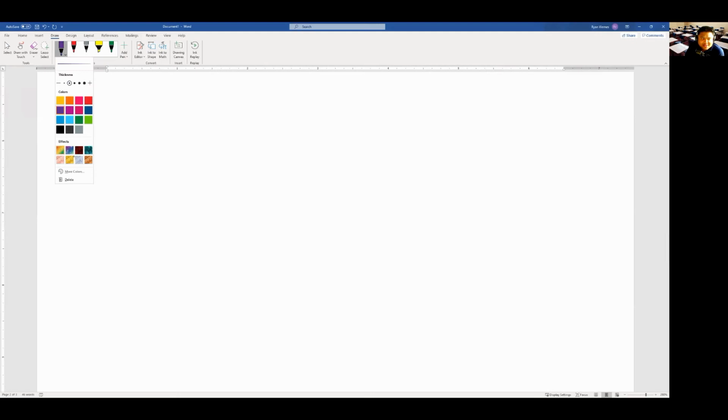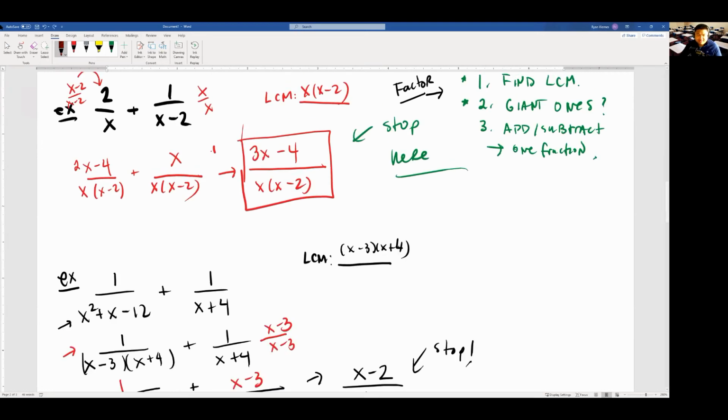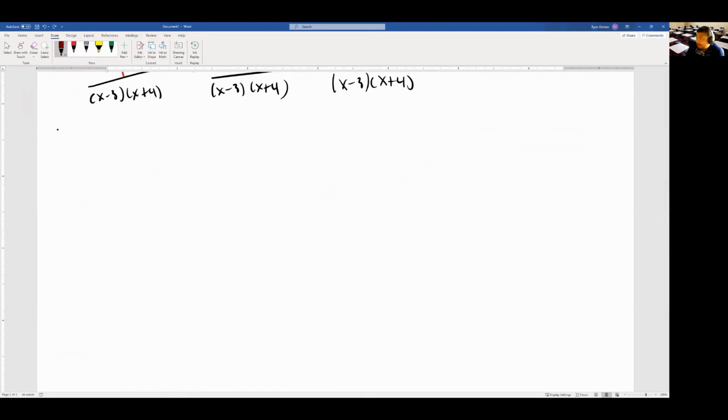Wait, what? Effects? These have effects too? Oh, weird. Okay. I kind of like this marker.